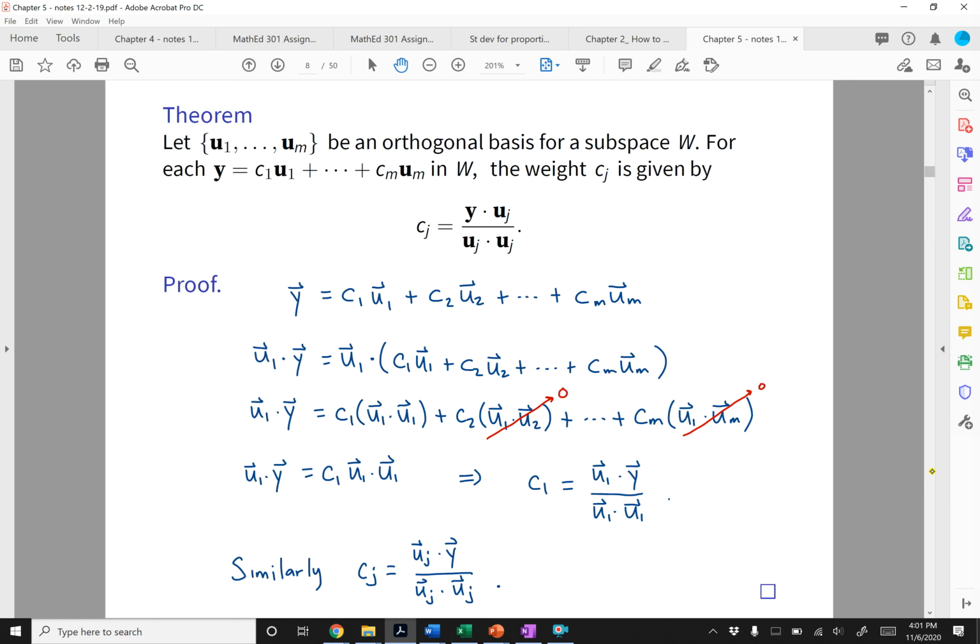At first, when you see this, it looks really technical. This is amazing, okay? This is a phenomenal theorem.